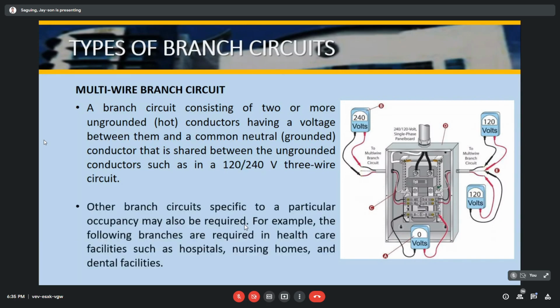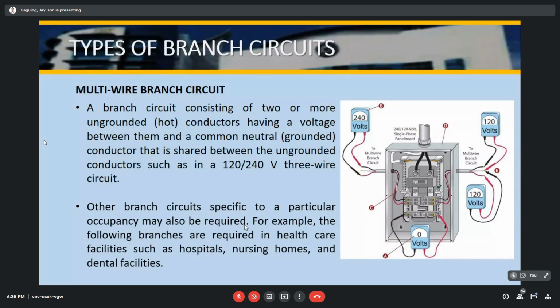Other branch circuits specific to a particular occupancy may also be required. For example, the following branches are required in healthcare facilities such as hospitals, nursing homes, and dental facilities.